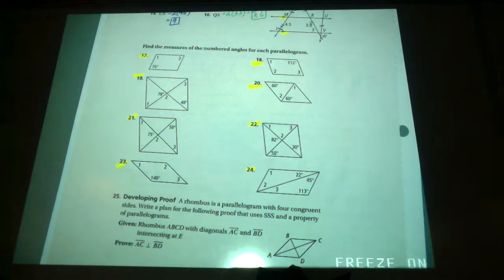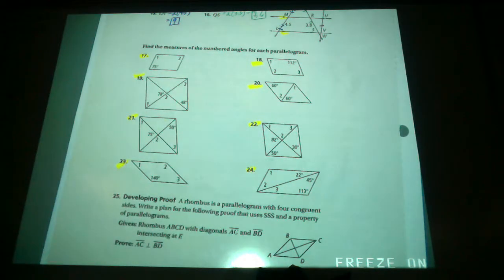If you get stuck, I want you to seek help, phone a friend, not literally, just figure it out. Make sure that you use your knowledge of alternate interior angles on parallel lines.